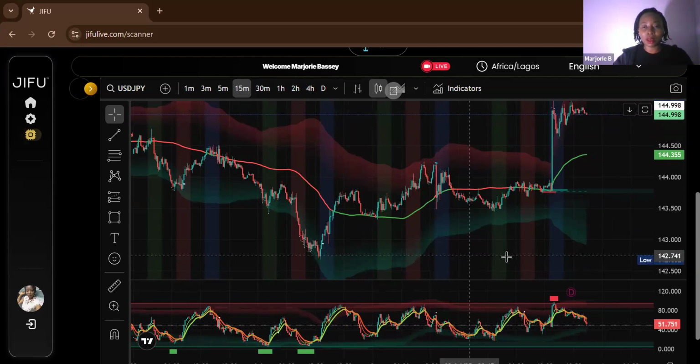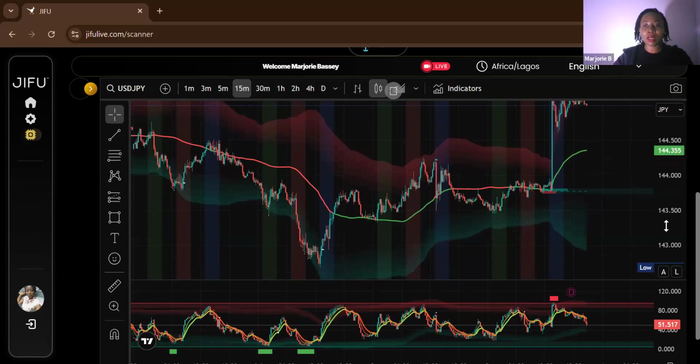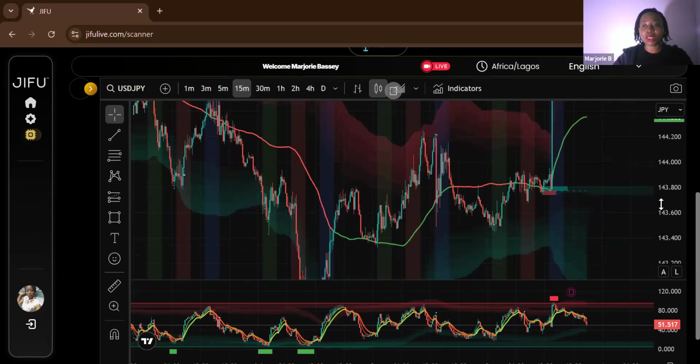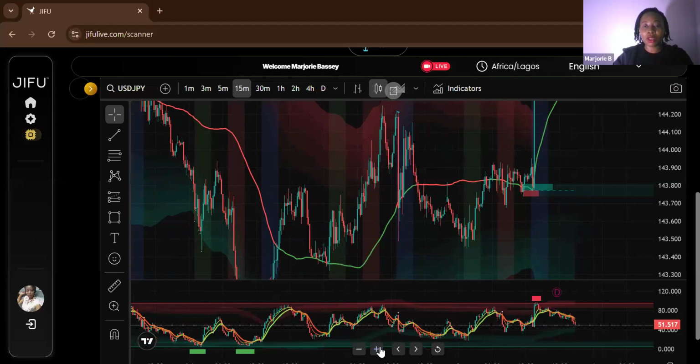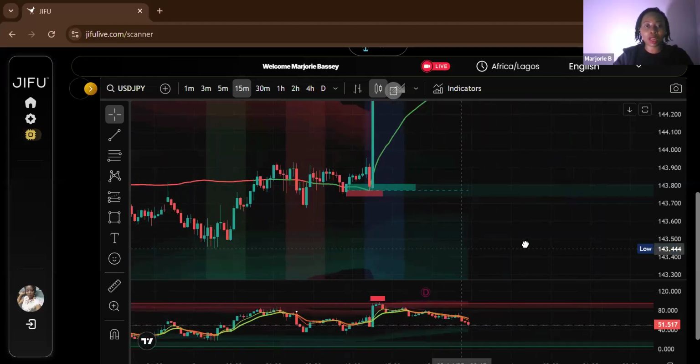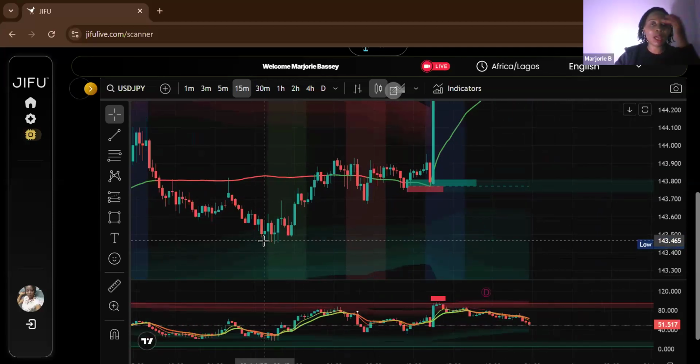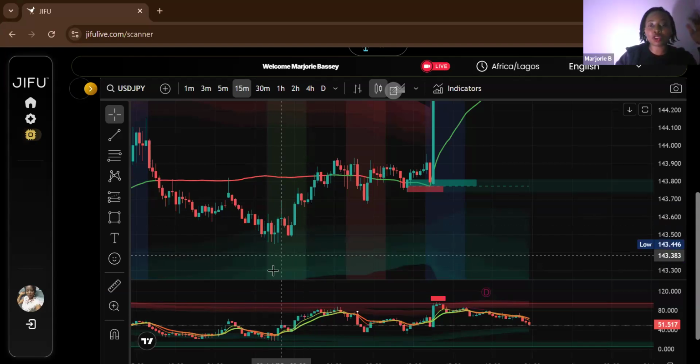So let's see, okay, this USD JPY. Let's look at the 3 most recent sessions. In the 3 most recent sessions, you can look at it and it allows you to hazard a guess as to what may likely happen, whether the session will continue, the trend will continue, or you have a trend reversal.